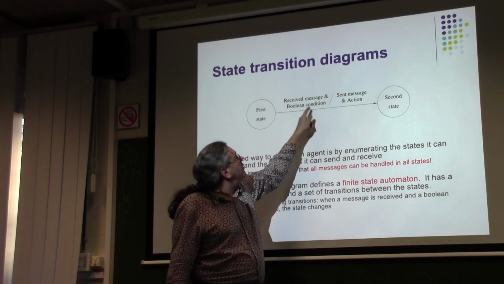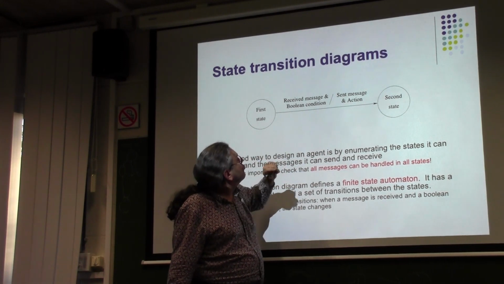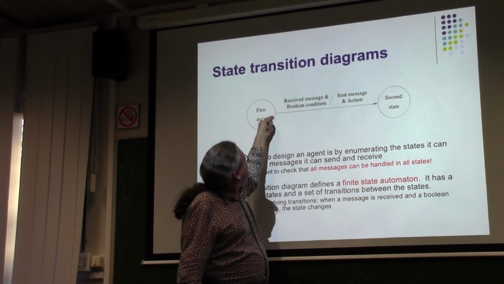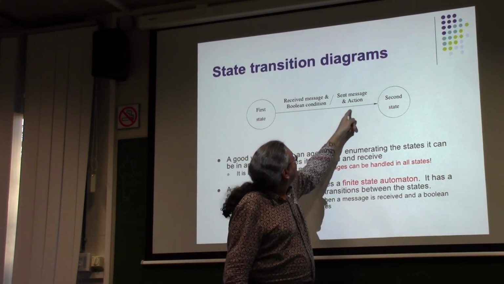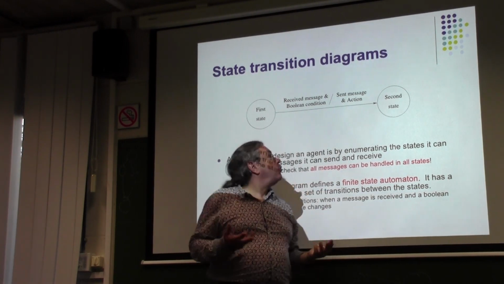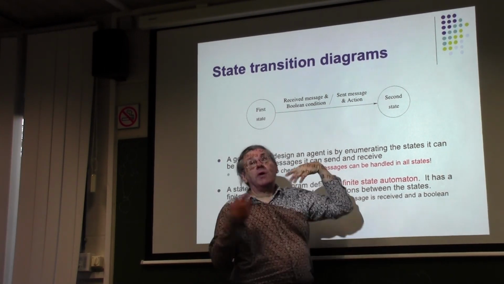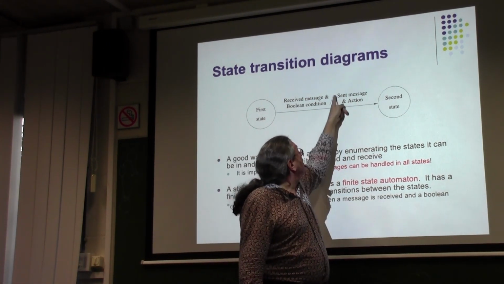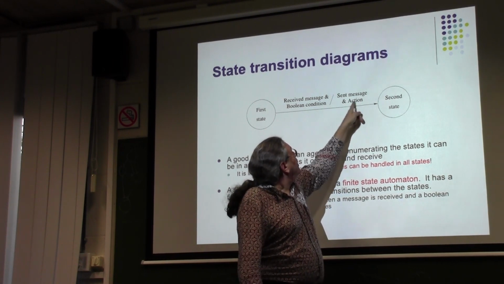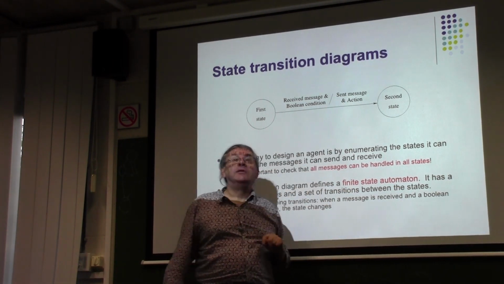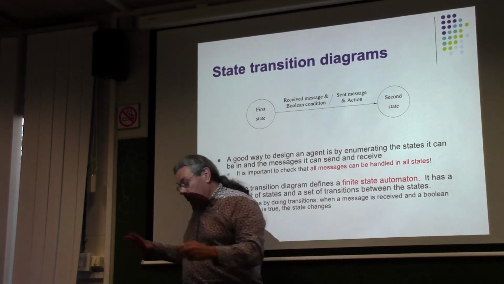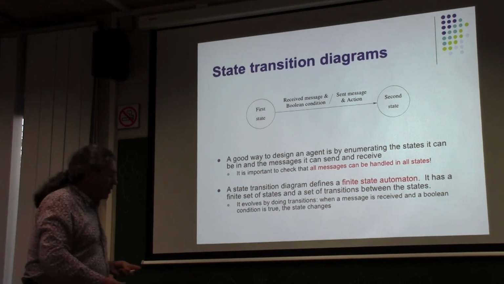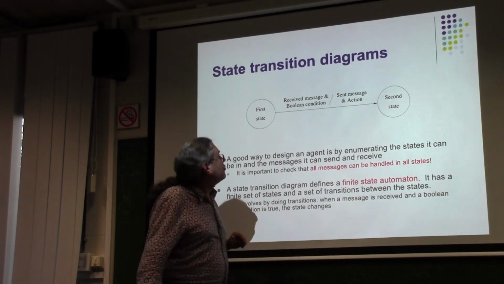It's not always going to do this; depending on whether the condition is true, that is the condition for the state transition. On the right-hand side of the slash are the actions, what I do. Maybe I send another message. Maybe the agent will also send a message. And there might be some other action, a real-world action. Like in the lift control system, the lifts have motors making them go up and down, or opening and closing the doors. So this could be a real-world action.